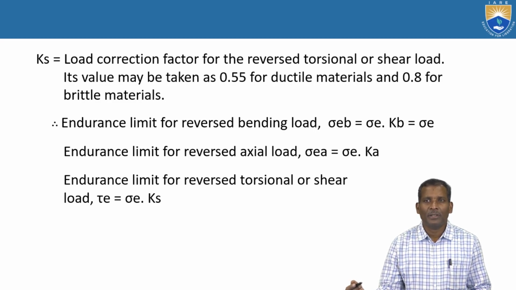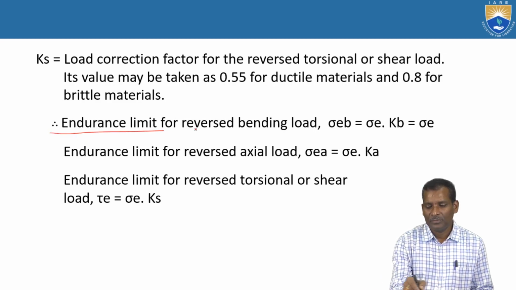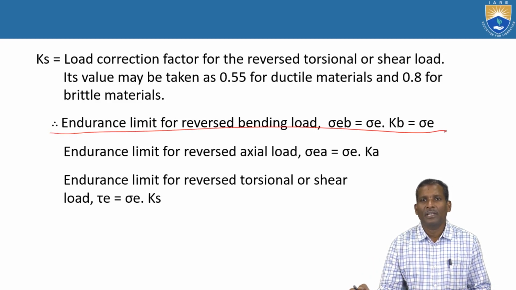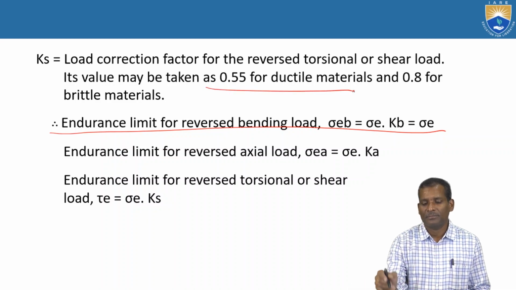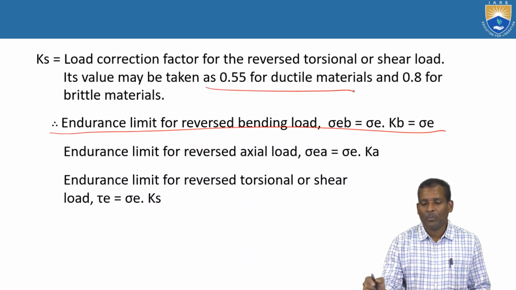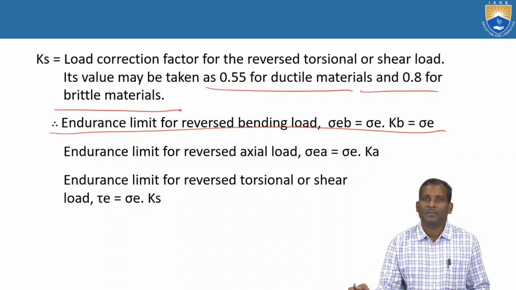The endurance limit for reversal bending load, shown here, is sigma Eb equal to sigma E into Kb, equal to sigma E. The load correction factor for shear loads may be taken as 0.55 for ductile materials and 0.8 for brittle materials.